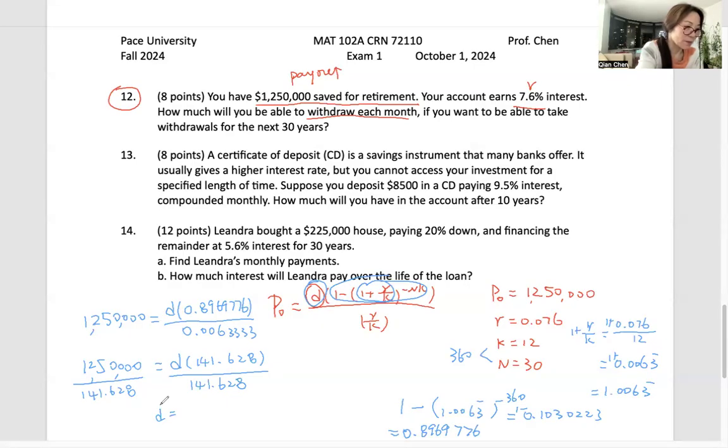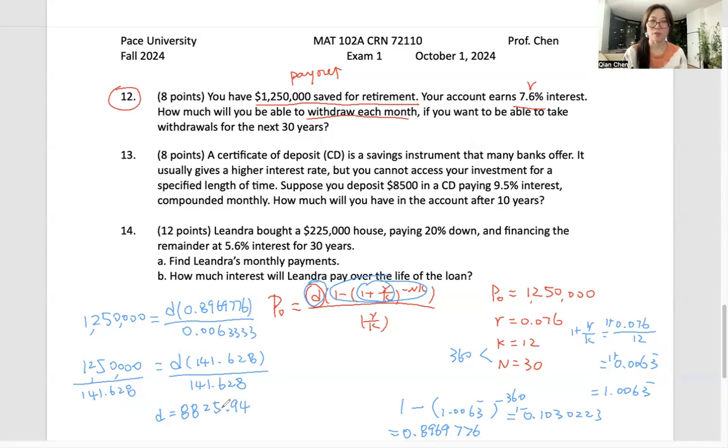So D equals 1.25 million divided by 141.628. So we get 8,825.94.